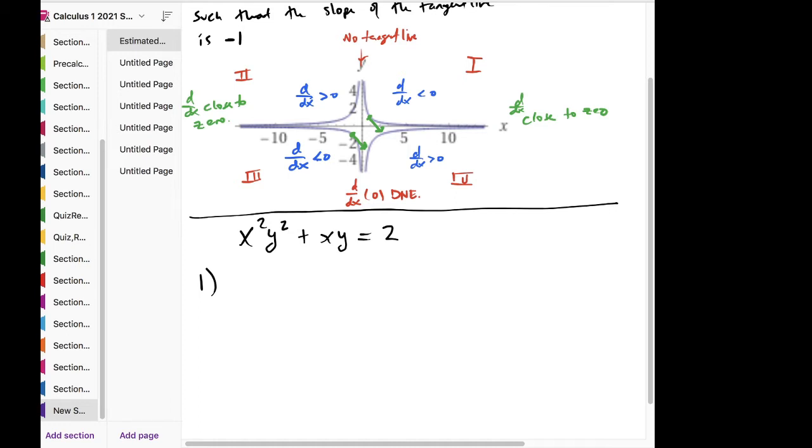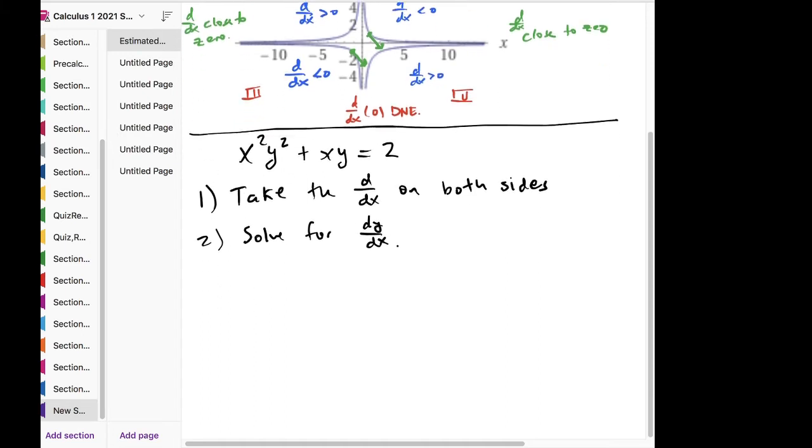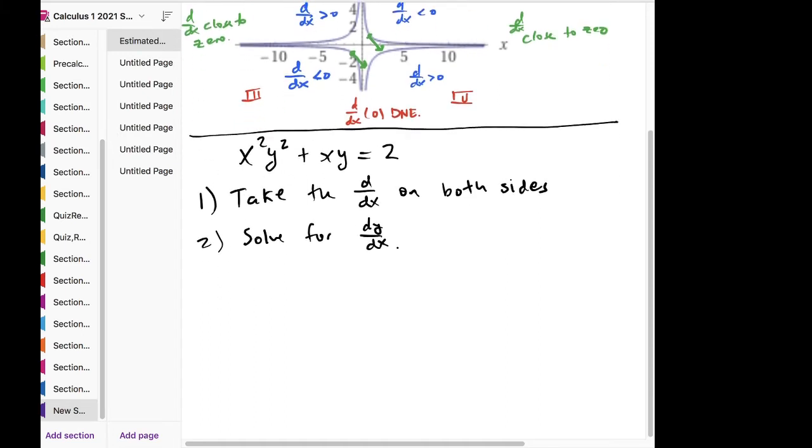Yeah, just take the derivative on both sides. And then your last step would be to solve for dy/dx. So these are always your two steps with implicit differentiation. Okay, so let's do it.